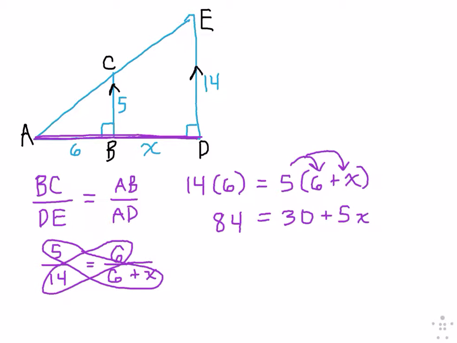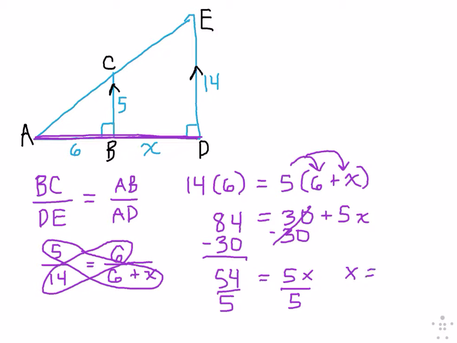Alright, so now I can subtract 30 from both sides to solve. So now at this point we're just using algebra, really. So then we're going to divide by 5. And then 54 divided by 5.